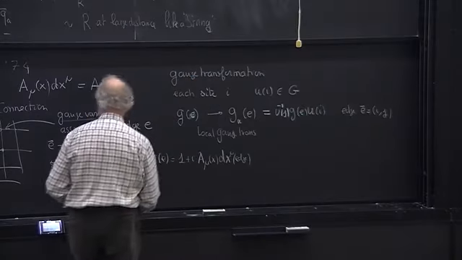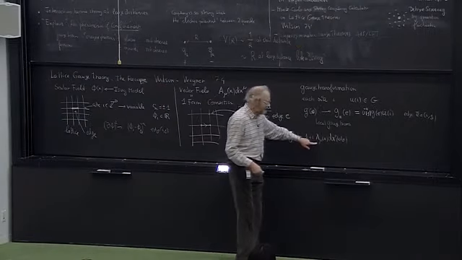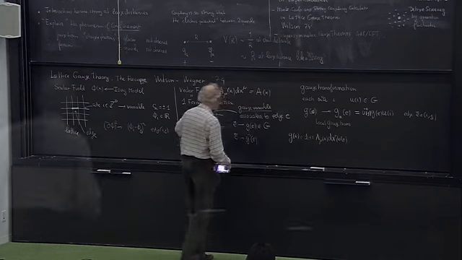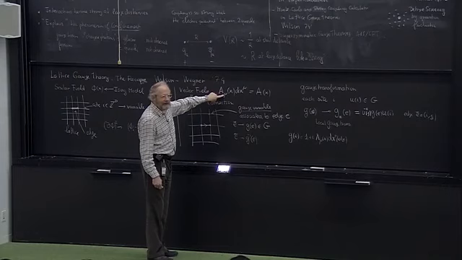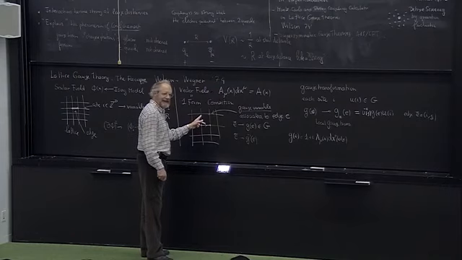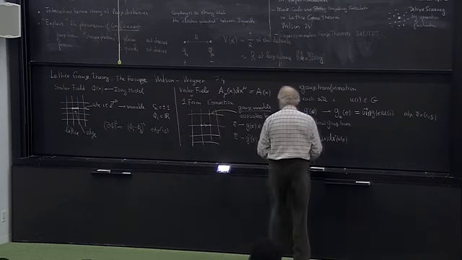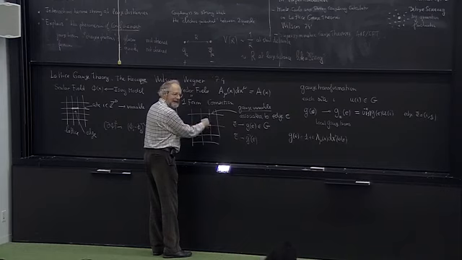So if G is very slowly varying, A mu is just something like this. So the gauge field A mu lives on an edge. This explains why it carries an index mu, because it depends on the direction. And performing a gauge transformation is simply multiplying and dividing by the extremities.